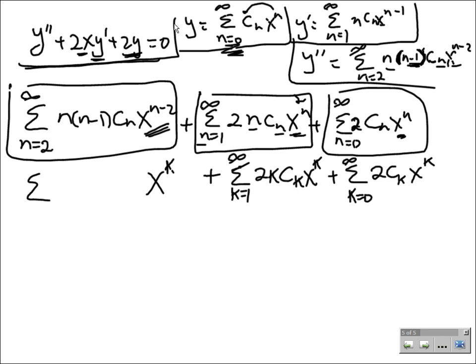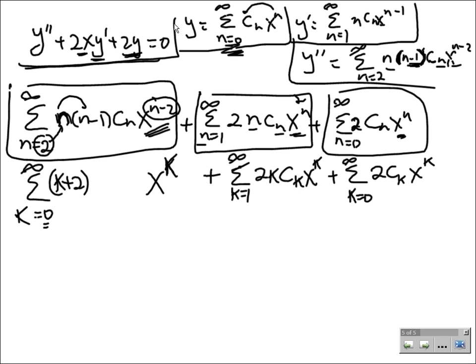Now, if n starts with 2, that means the power starts at 0. Well, if I'm calling the power k, I better have k starting at 0 and going all the way to infinity. So k starts with the value 0. Well, n is going to start with 2. I want this to start with 2. So instead of k, which starts at 0, I'll add 2 to it.